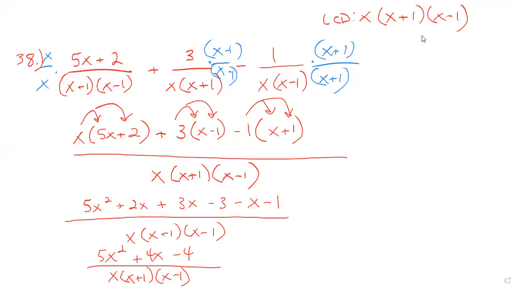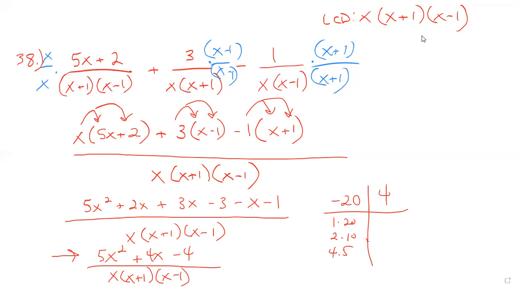If I go through and try to factor the top of this, I'm looking for factors of negative 20 that are going to add to be 4. It's a trinomial, so I'm going to use the AC method, or factoring by grouping. I've got 1 times 20, 2 times 10, 4 times 5.